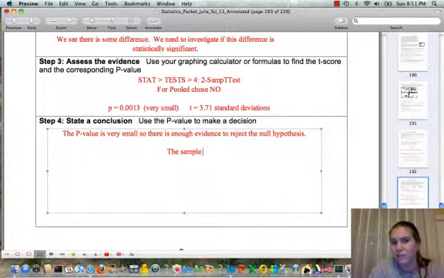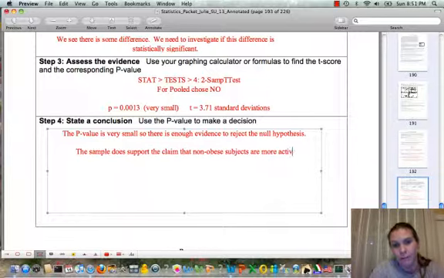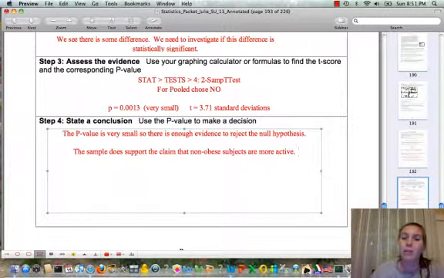So we can say the sample does support the claim that non-obese subjects are more active. Okay, so now we've seen the 2 types of t-tests you can run on your calculator. Go ahead and practice these in the group assignment and lab assignment.